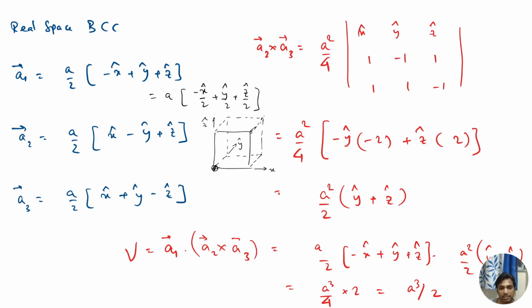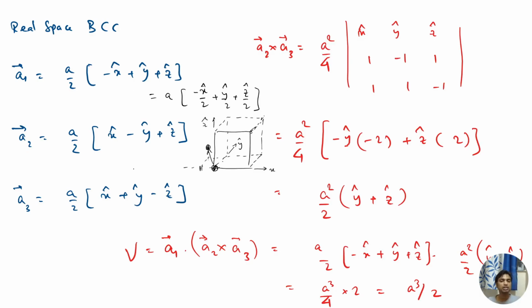So minus x by 2 is here, plus y by 2 plus z by 2. So you are reaching the body center of the neighboring cube, which is along the minus x direction.